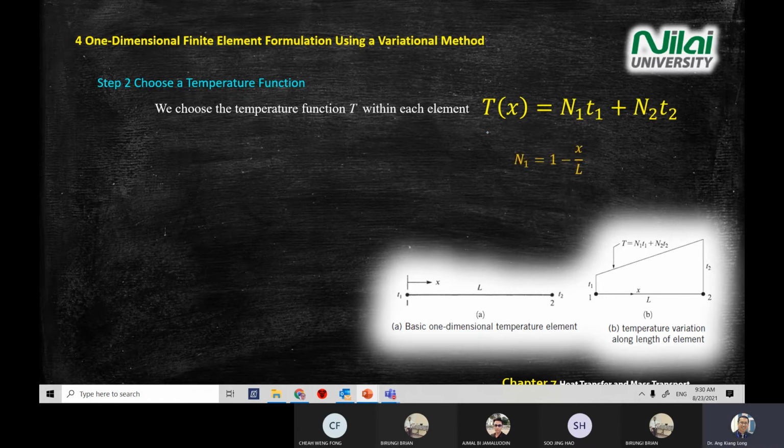The shape function N1 is given by 1 minus x divided by L, and N2 equal to x divided by L. This one is derived by mathematics.